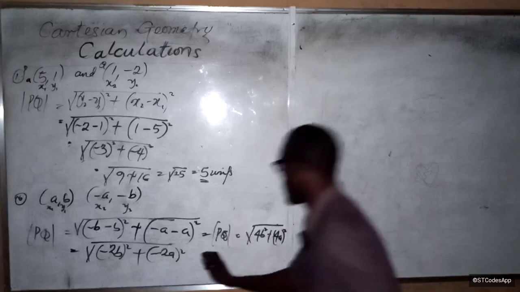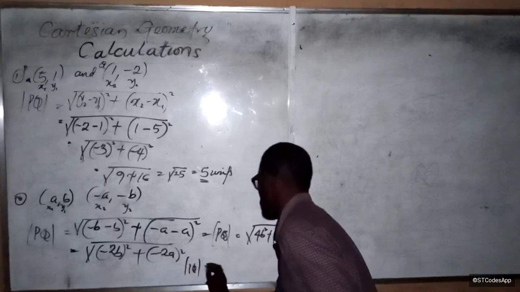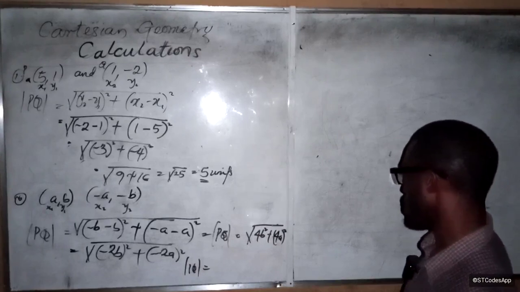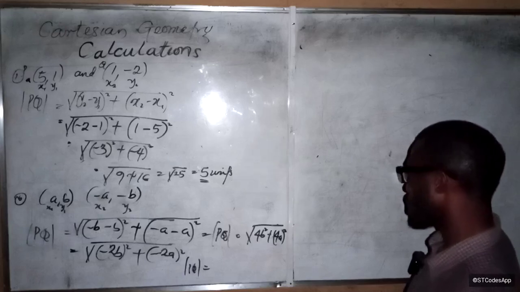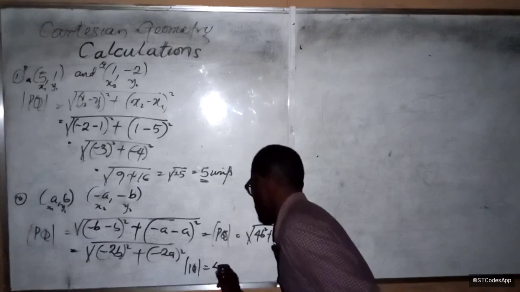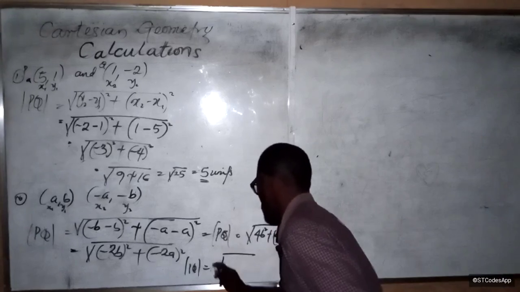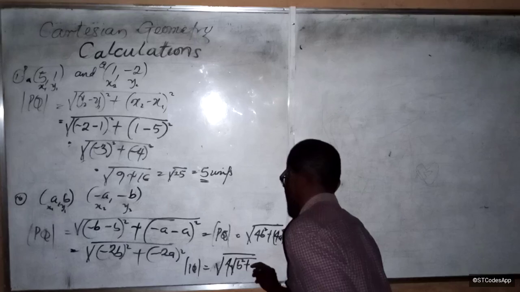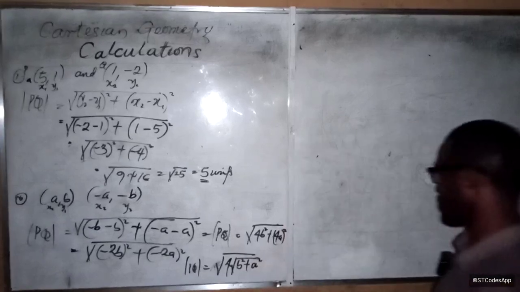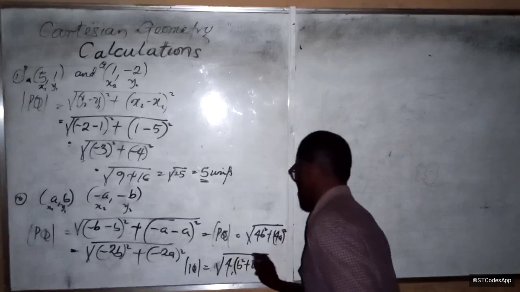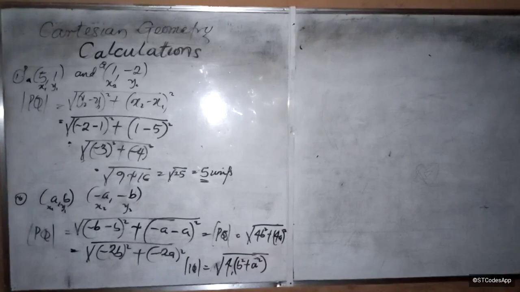Alright, so line PQ becomes the square root of this squared plus this squared. Seeing this, you know that this cannot add up. So what do we have? We have root 4 into bracket B squared plus A squared.